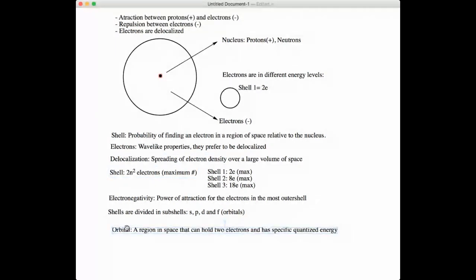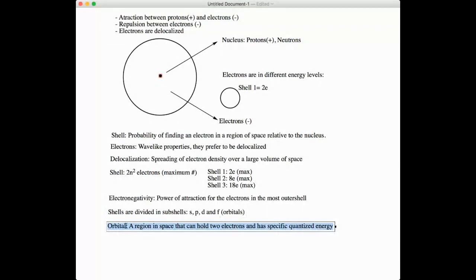So the point being, and this is also crucial, the maximum number of electrons that an orbital can hold is always going to be 2 electrons.